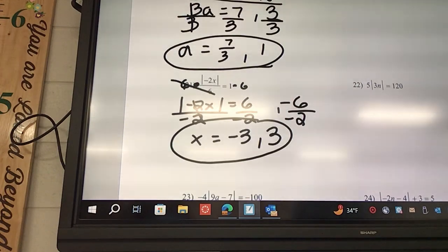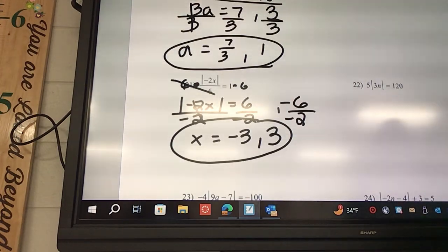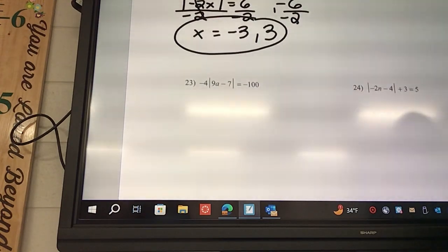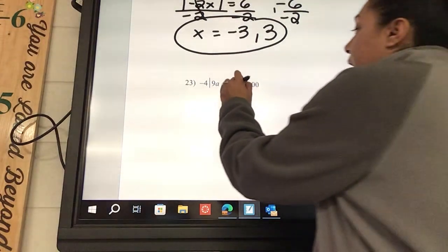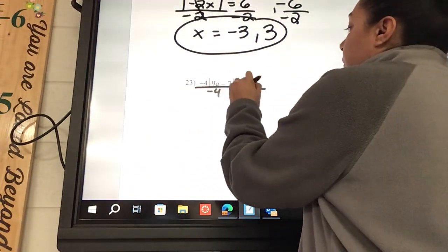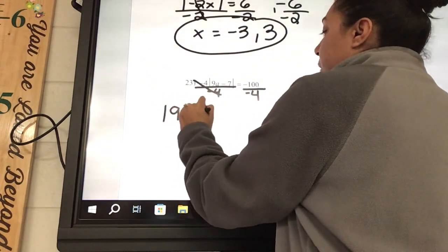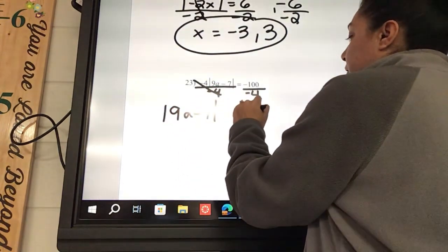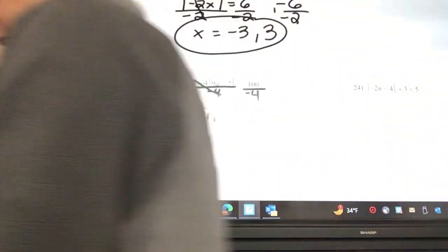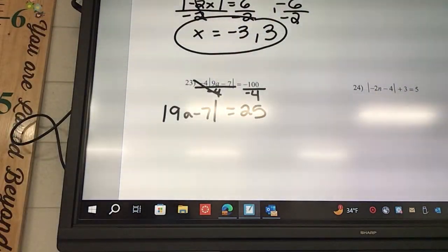Okay, 23. Again, there is stuff on the outside of the bar, so that needs to move first. So our first step is going to be to divide by negative 4. Okay, so I'm going to get the absolute value of 9a minus 7 equals 25.